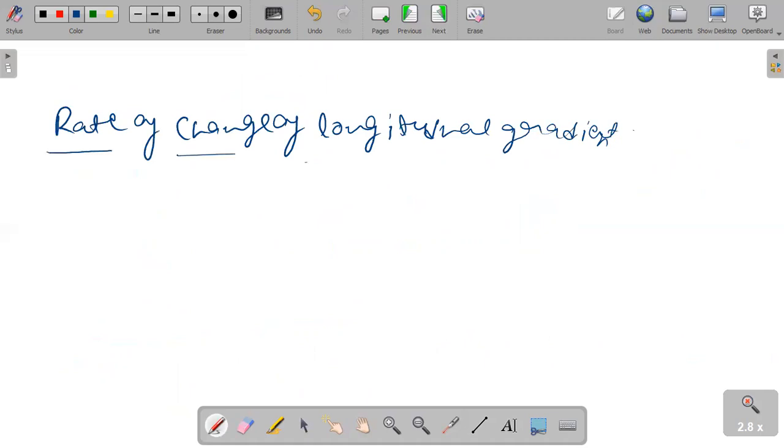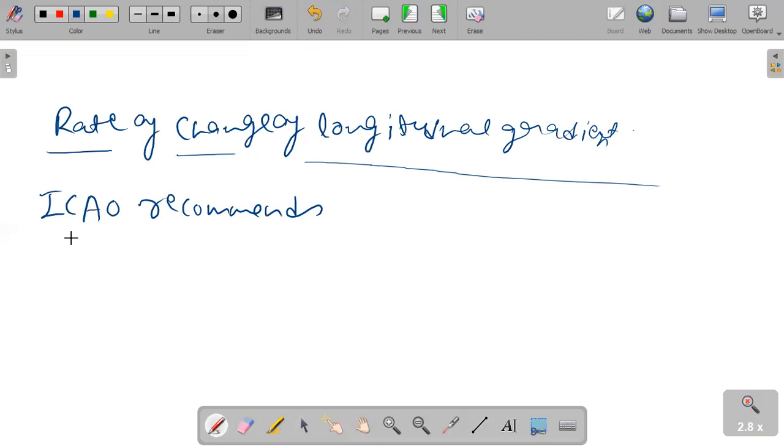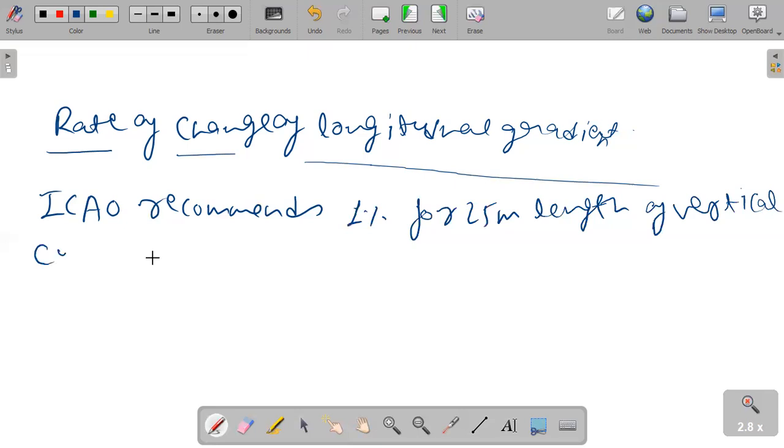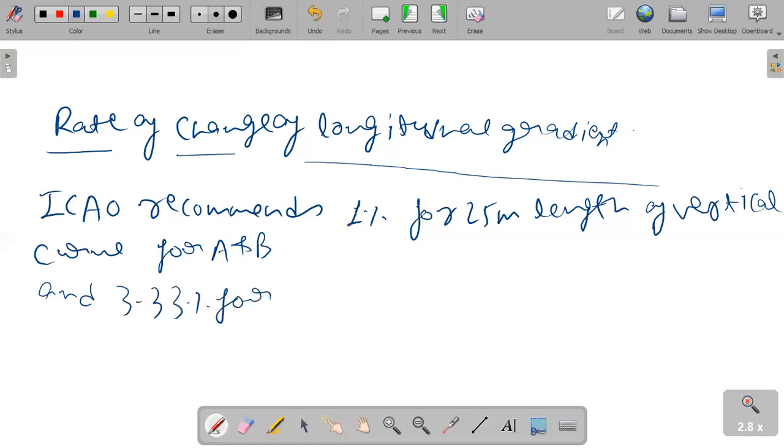Basically ICAO recommends 1% for 25-meter length of a vertical curve for A and B, and 3.33% for C, D and E types.